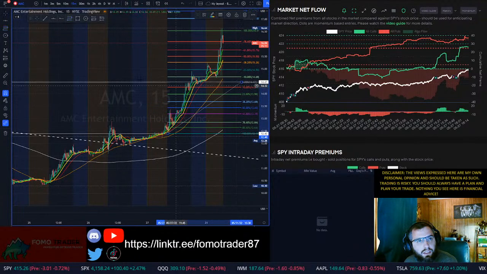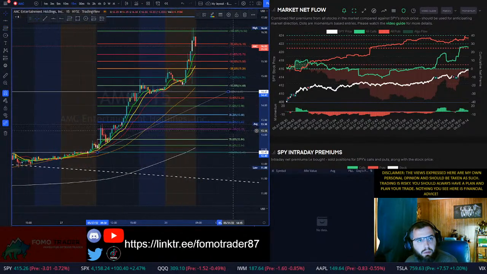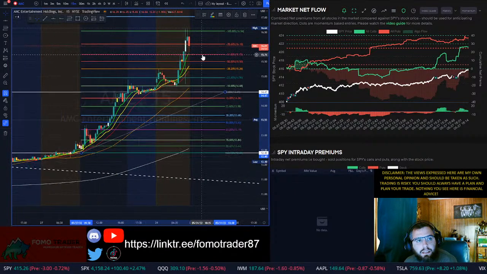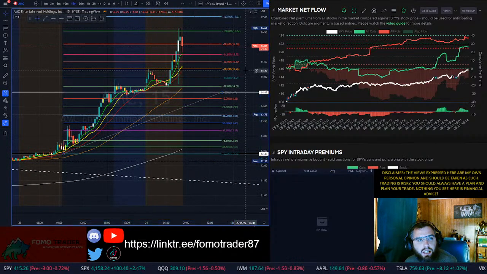We draw our fib, and just like on Baba, our fib extension went all the way to the 100%. Then we wicked back down. There was some selling pressure from the algos. The price action wicked back down, and it's pulling back to the 61.8. So here are your levels on AMC.